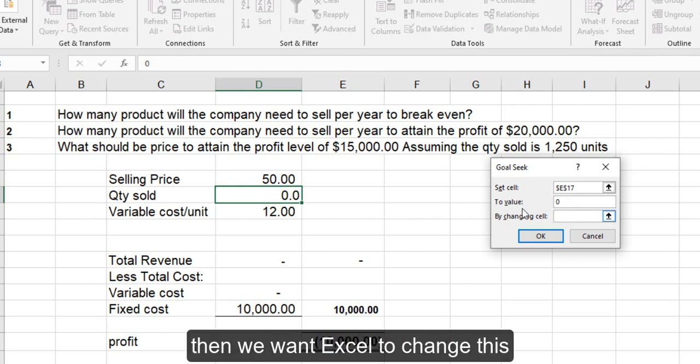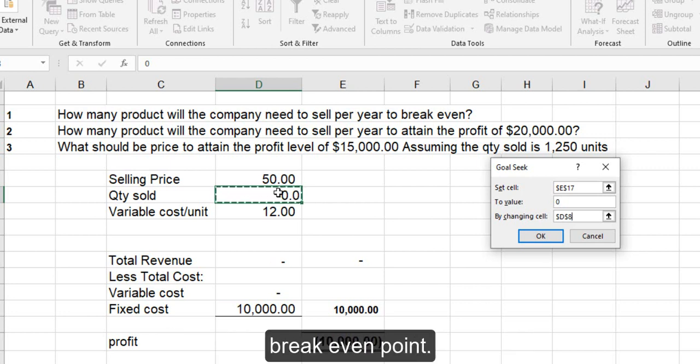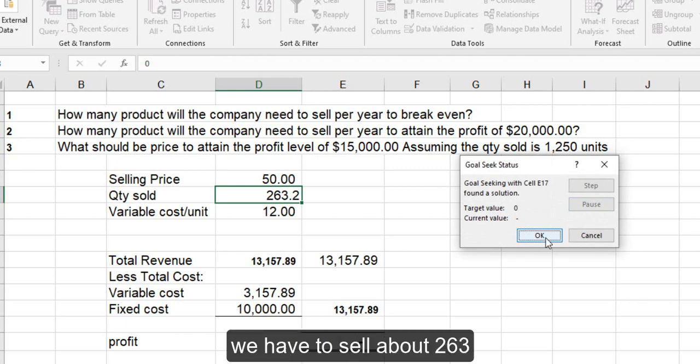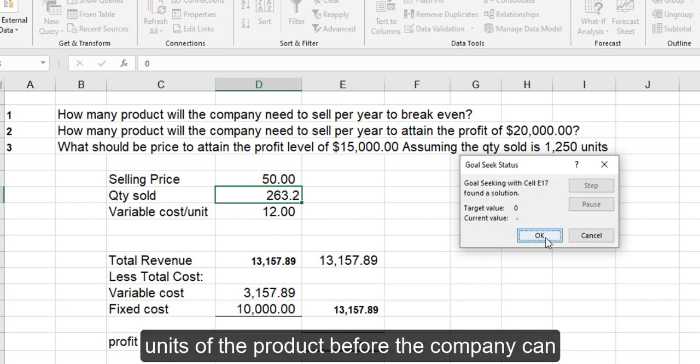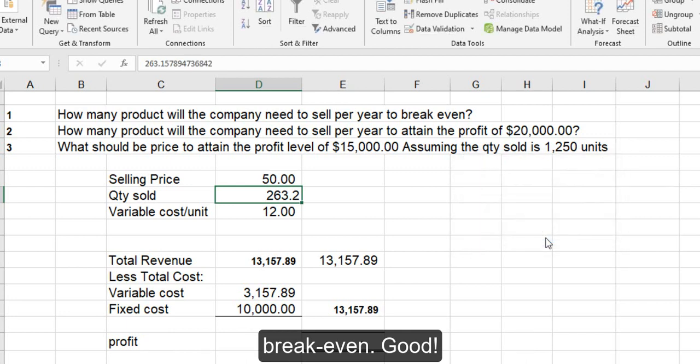Then we want to change this quantity to arrive at the quantity at the break-even point. Okay. So by this, we have to sell about 263 units of the product before the company can break even. Good.